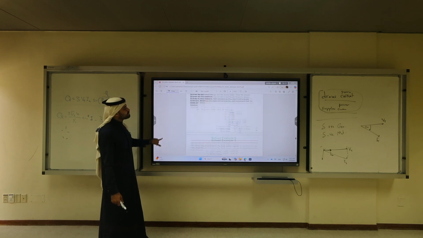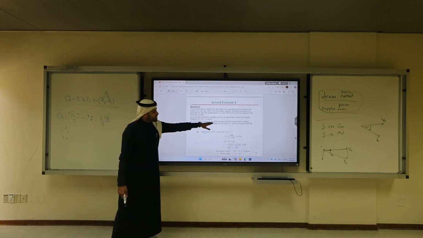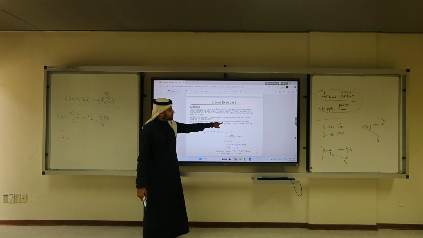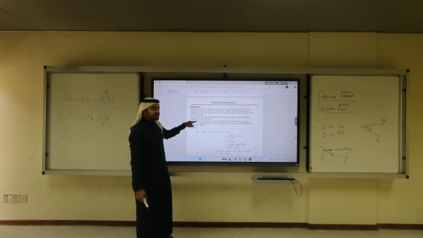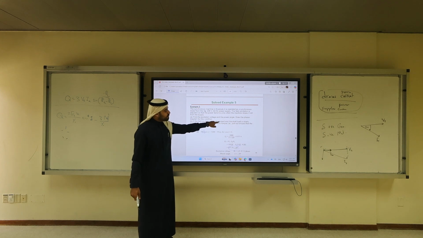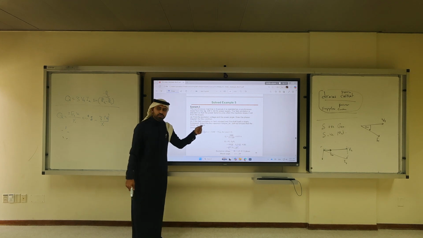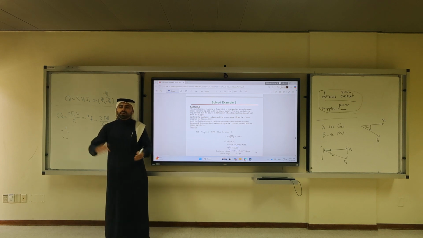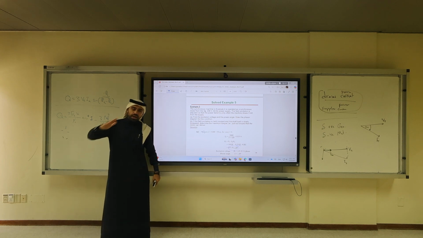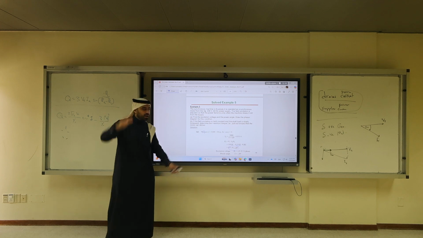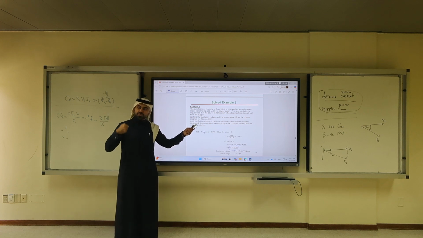So part B, if the field excitation is held constant, what does it mean? It means the magnitude of EF is fixed. The shaft load is slowly increased. For some reason, if you're driving your EV, you're going up the hill, you have to spend more power.